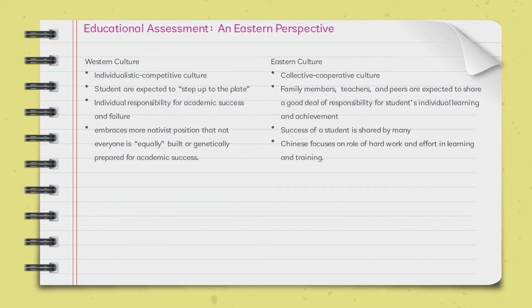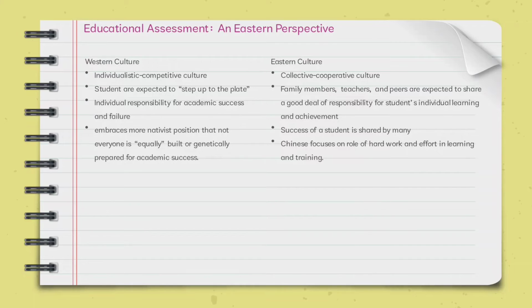Next is the educational assessment in an Eastern perspective. So, in Western culture, they are an individualist competitive culture like the one that exists in the United States. So, people are encouraged to take personal responsibility for their actions, their accomplishments, and their struggles.